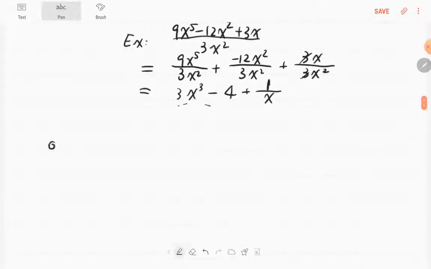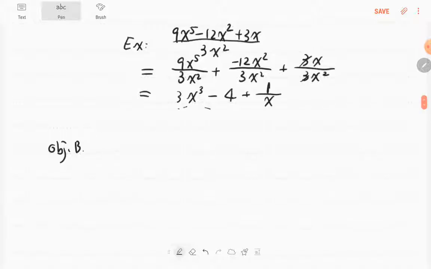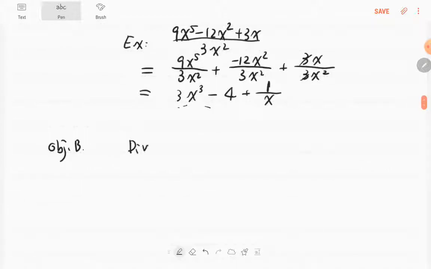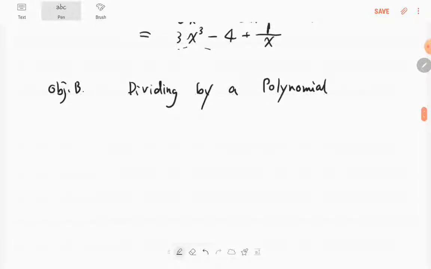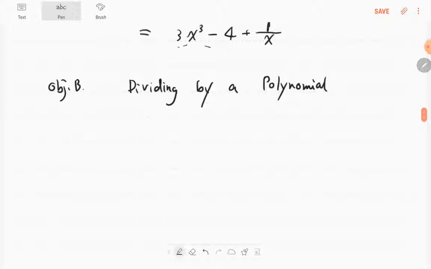Let's see another objective. Dividing by a polynomial. So here polynomial means it's not a monomial, okay? Here it's the polynomial other than a monomial. We will talk about the long division, okay?